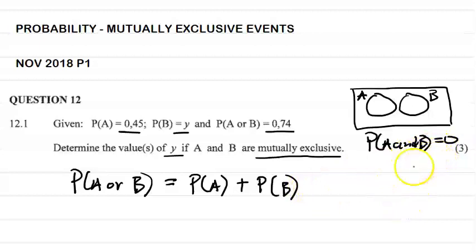So the probability of A or B is given to us as 0.74, probability of A is 0.45 and the probability of B is equal to Y.